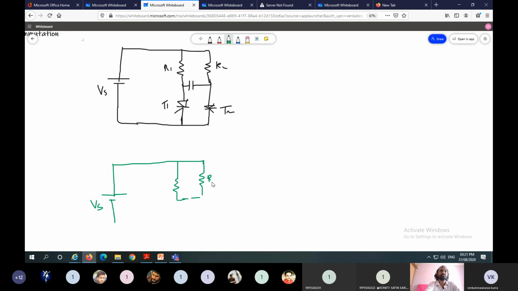This is R2. Initially we assume that the voltage across the capacitor is Vs. This is R1.